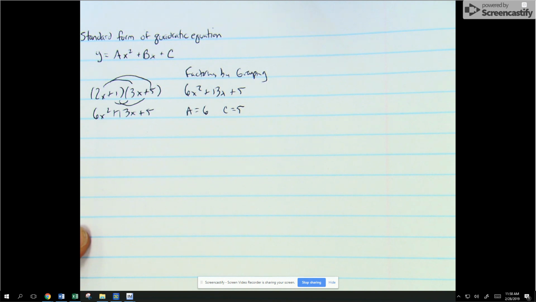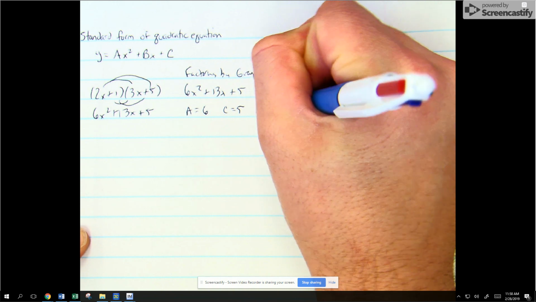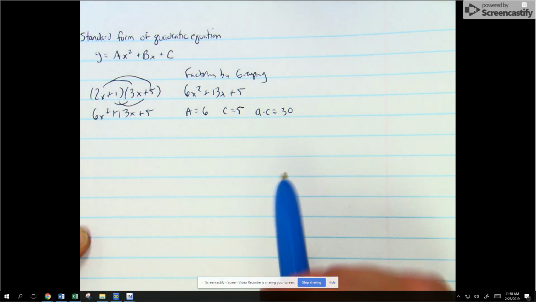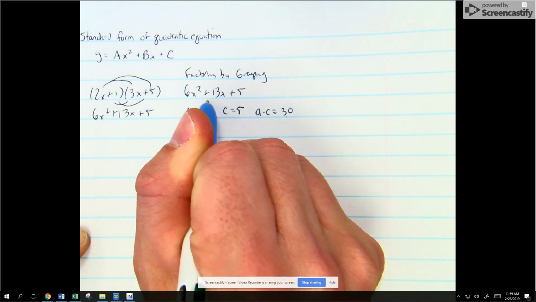So what is a times c? 30. So the first step is to do a times c and get 30. Once you've identified ac to be 30, what you now need to do is find the multiples of 30 that add up to 13.